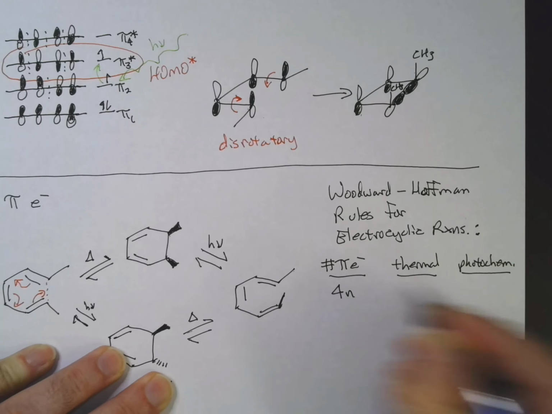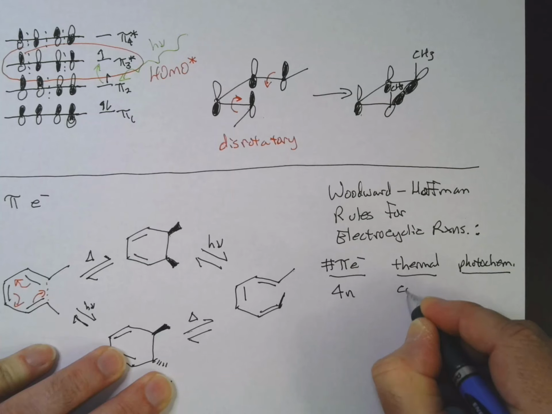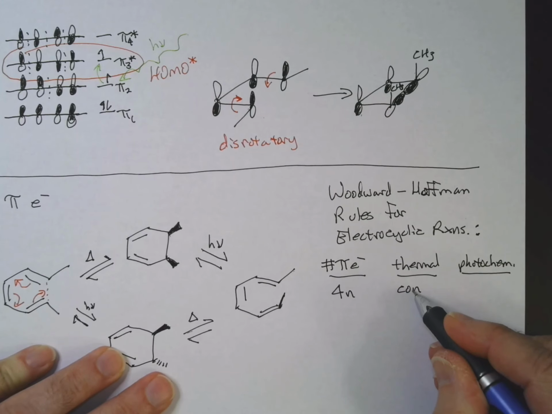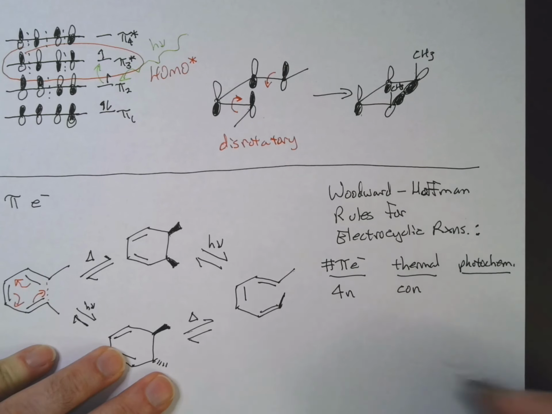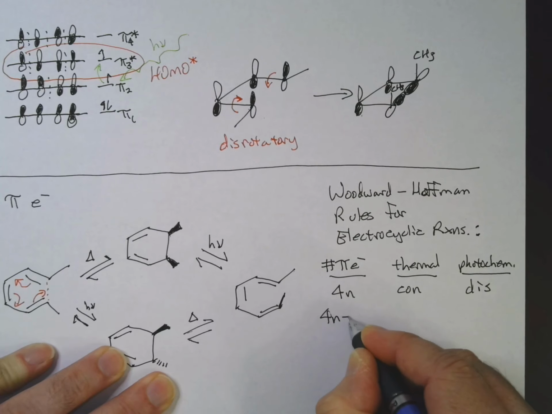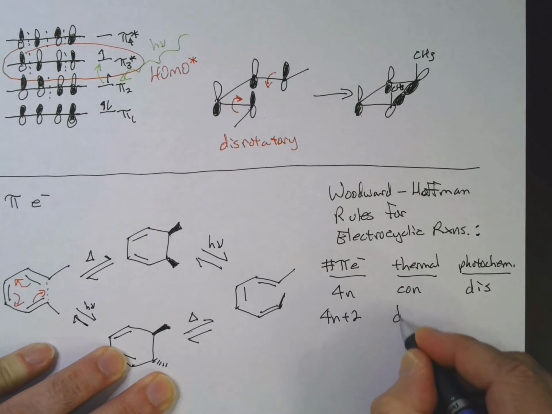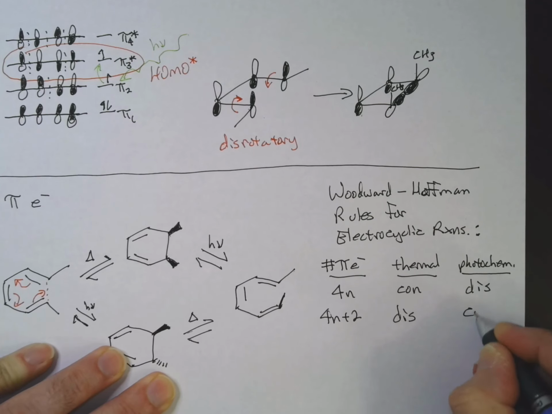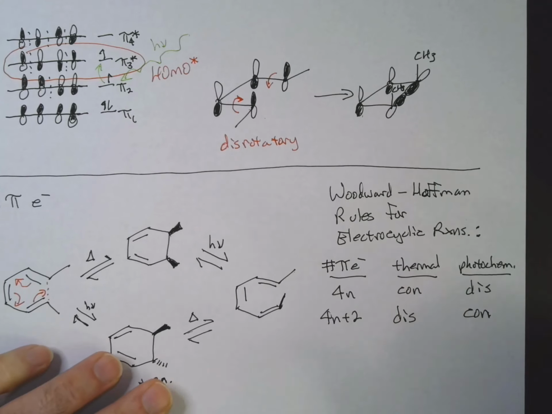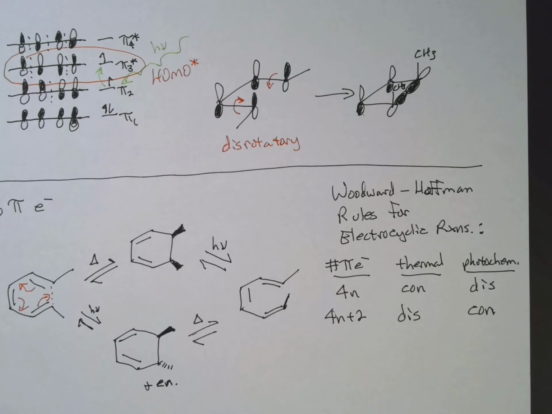If we have 4n pi electrons, where n is an integer, our thermal reaction will proceed conrotatory, which is what we saw, and our photochemical reaction will be disrotatory. If we have 4n plus 2 pi electrons, it's the opposite. The thermal reaction is disrotatory, and the photochemical reaction is conrotatory. So these rules are things that you should understand, but I will provide you with the Woodward-Hoffmann rules on quiz and exam.